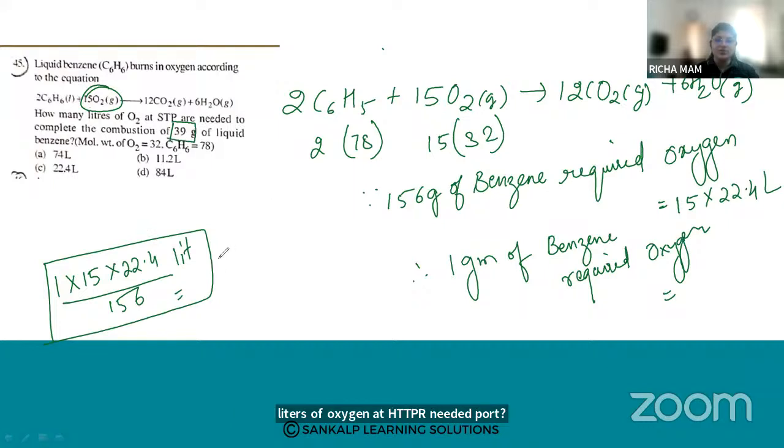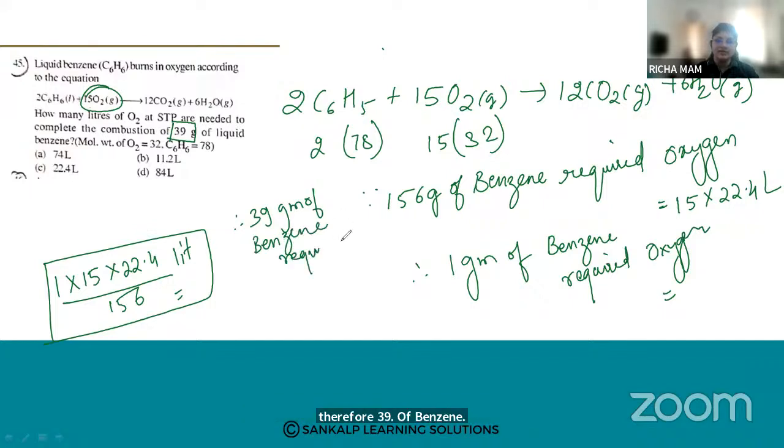So 39 grams of benzene requires oxygen of 15 into 22.4 divided by 156, into 39.